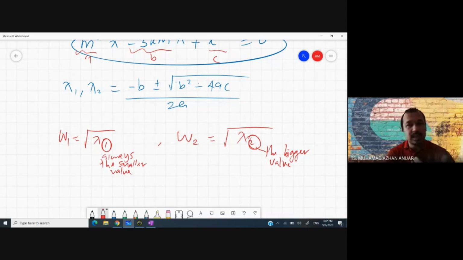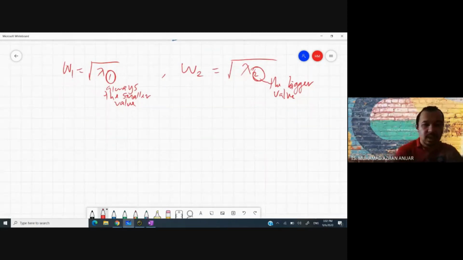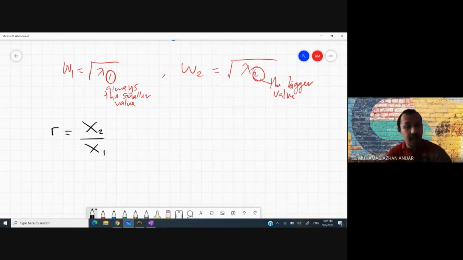Then we want to determine the mode shape of the system. In order to determine the mode shape, we need to know the amplitude ratio. We can represent our amplitude ratio R as x2 divided by x1. How are we going to get this value?